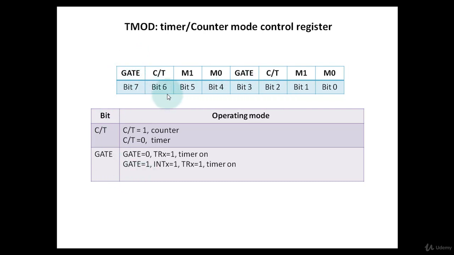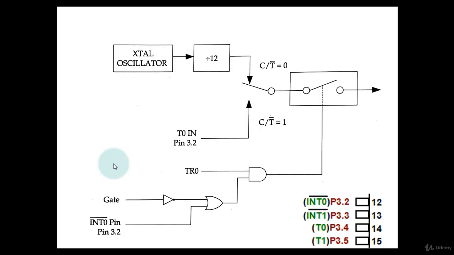Bit number 3 and 7, that's the gate bit. To understand the gate bit operation, we have to first see the internal structure of timer in 8051 microcontroller. Let's say this one is a timer.